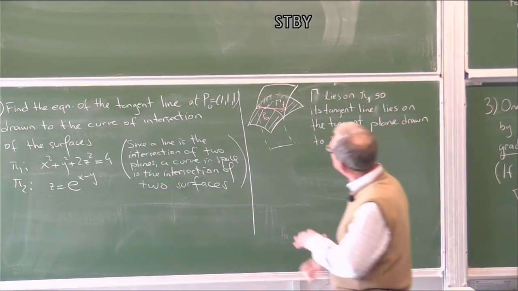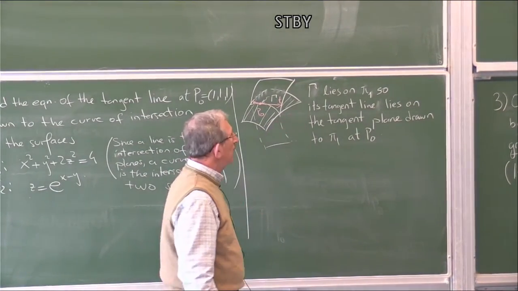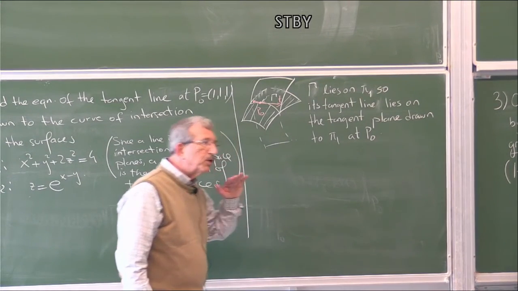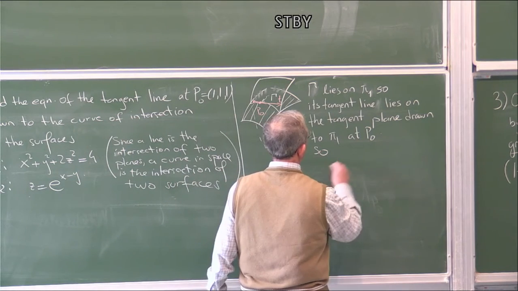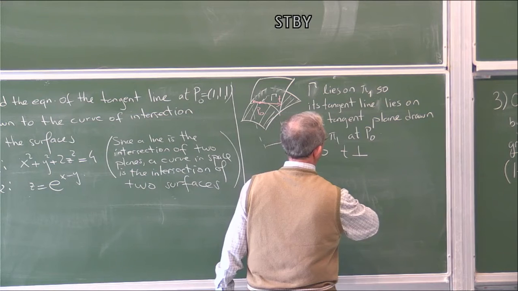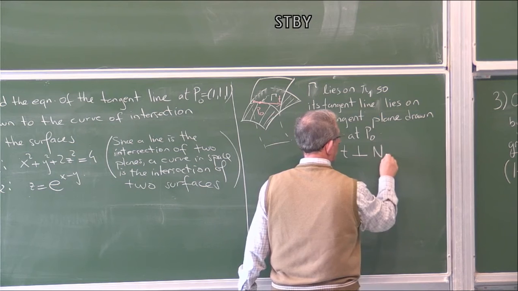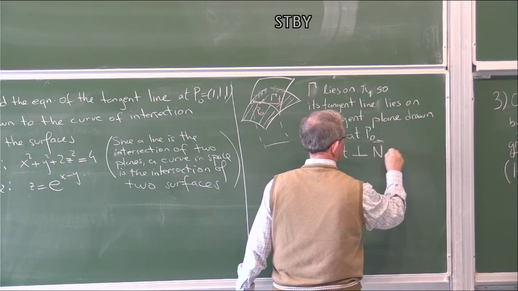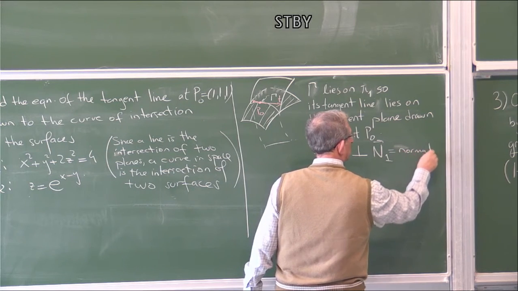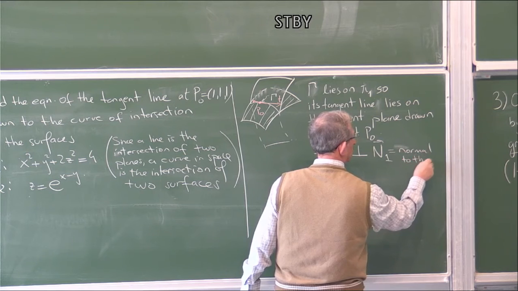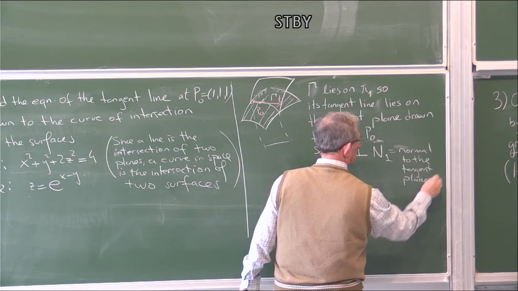Because T is on the tangent plane drawn to the first surface pi1, it must be perpendicular to the normal of the plane. So T is perpendicular to the normal, N1, to the tangent plane to pi1.